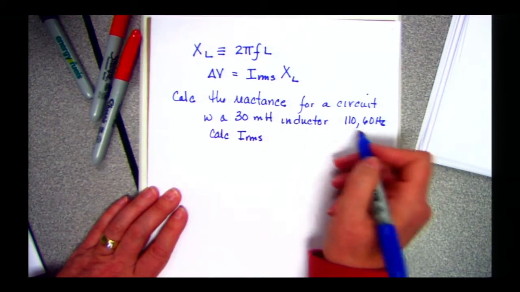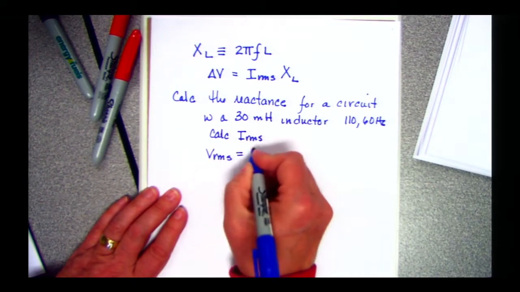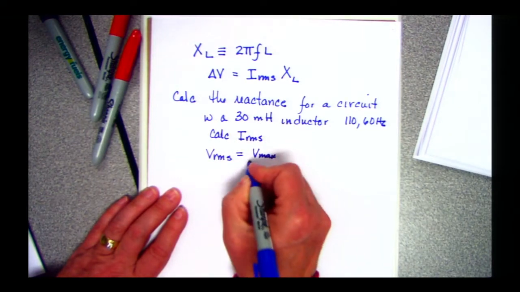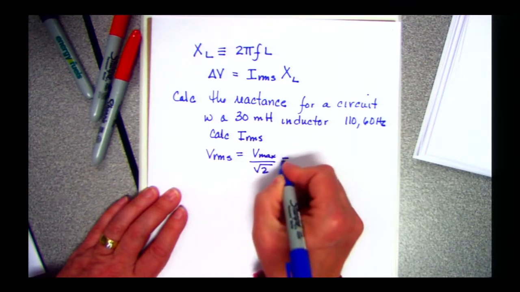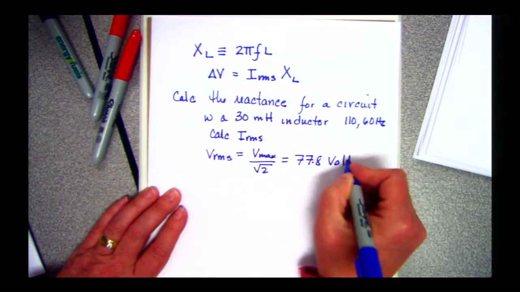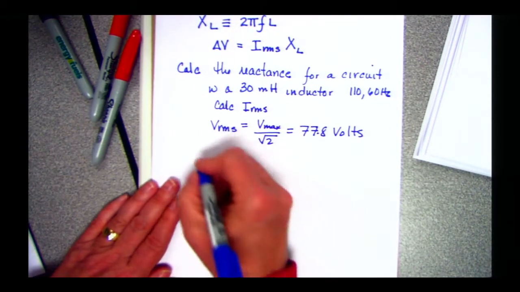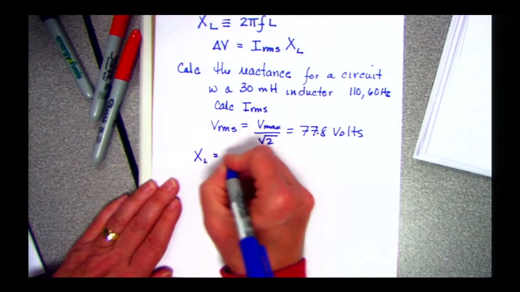So 110, 60 hertz, we know what that is. VRMS is going to be Vmax divided by the square root of 2. And we've done it a few times already. So we got that part. I got to calculate my inductance.